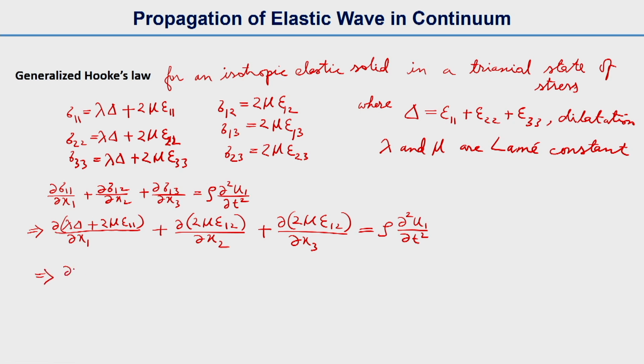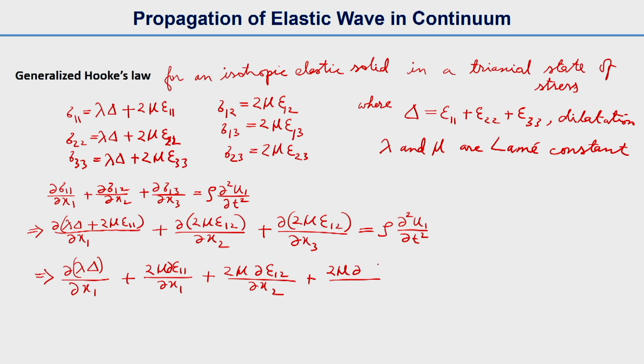And if we simplify more, partial of lambda multiplied by delta with respect to x1, then twice mu partial of epsilon 11 with respect to x1, plus twice mu partial of epsilon 12 with respect to x2, plus twice mu partial of epsilon 13 with respect to x3.